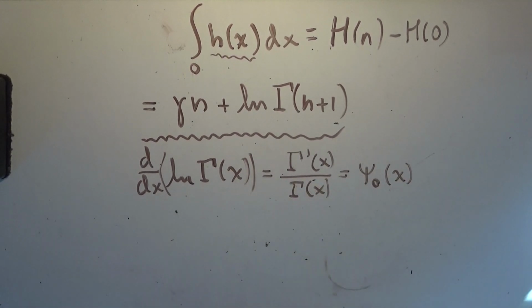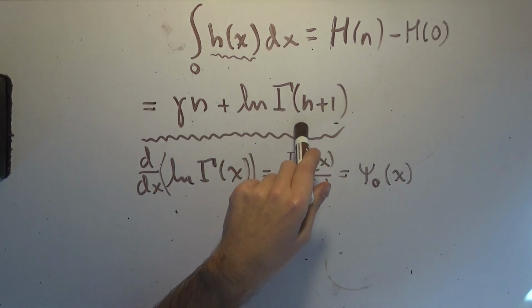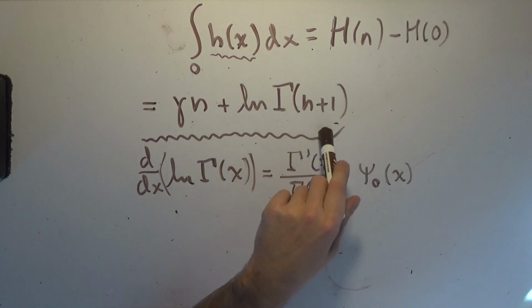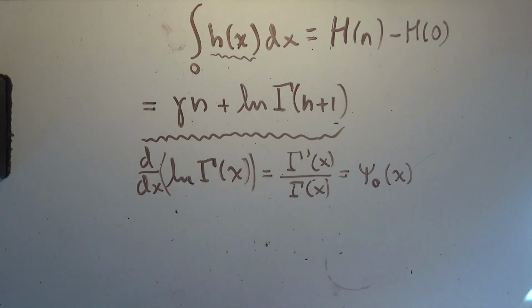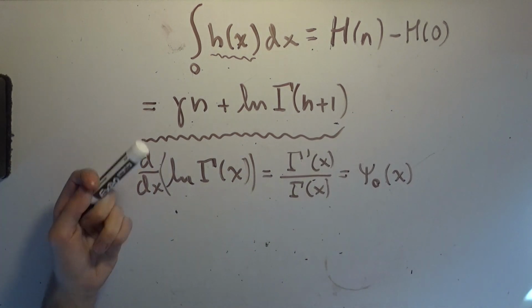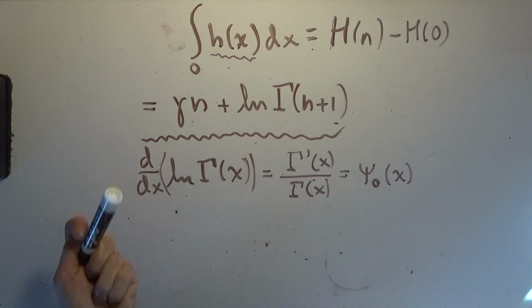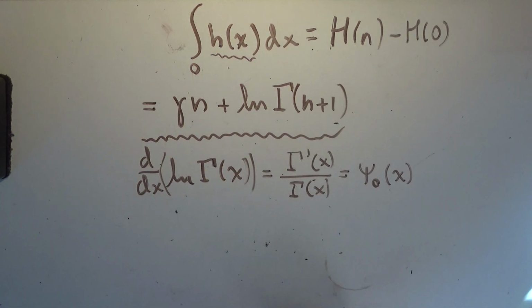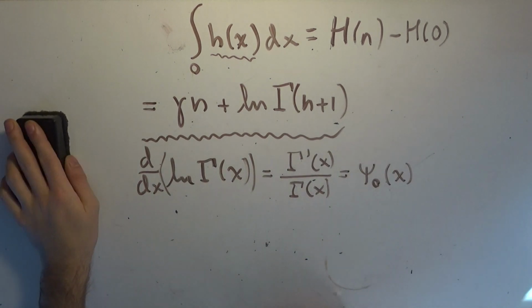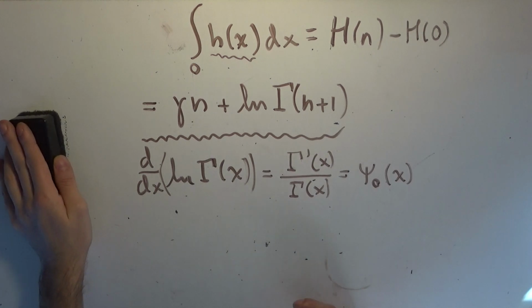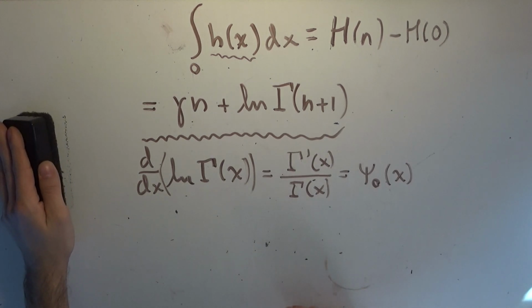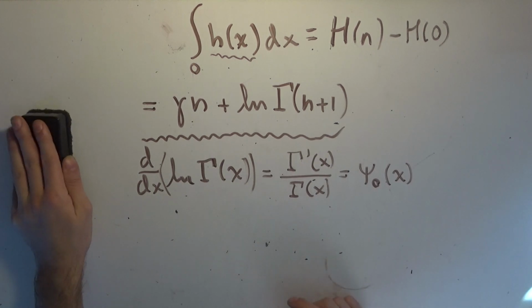But if we shift it up by 1 like we're doing here, the gamma function of n plus 1 is undefined at negative integers, exactly like the harmonic numbers. And so it shouldn't be a shock that these are related to the gamma function or the factorial function, because they're undefined in the exact same places.